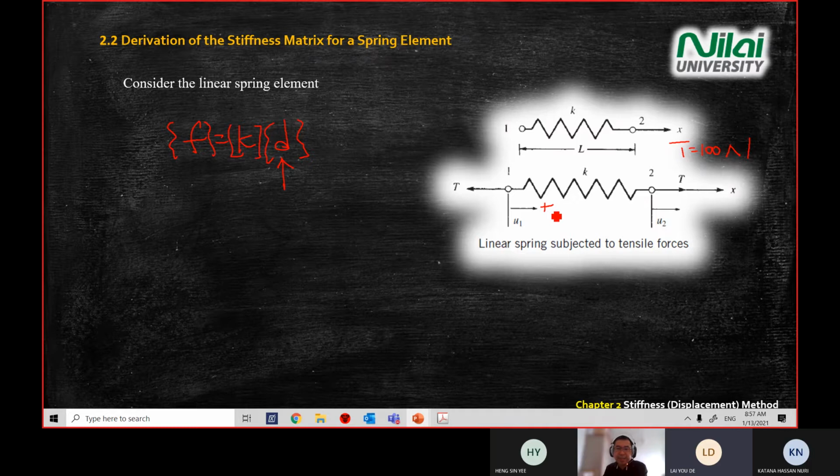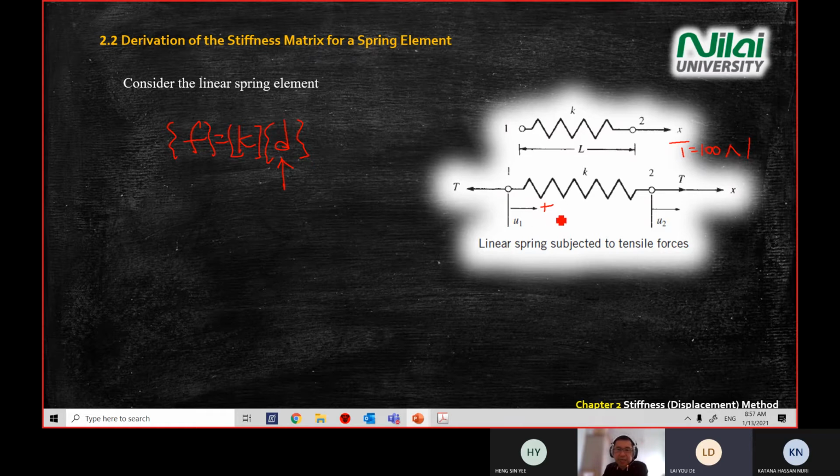Correct? Yes. Now, when you pull physically to the left, what happens to the value of U1? Is it positive or negative? Negative. Negative, correct.